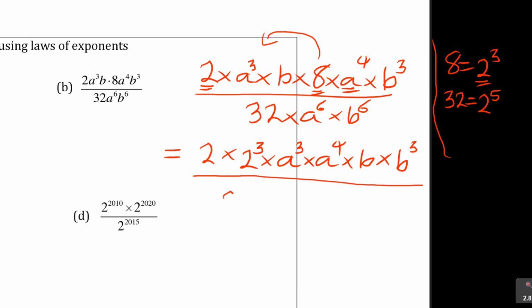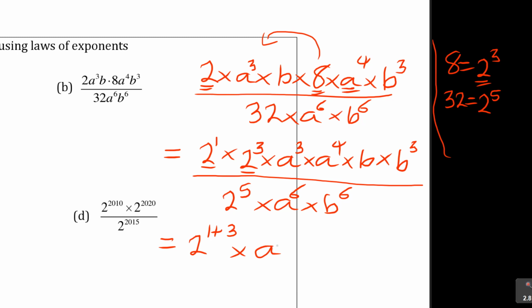32, we say it is 2 to the power of 5 times a to the power of 6 times b to the power of 6. If we continue, now multiplication, what do you do? You add the top. So look at this, there is a hidden one there. So it's 2 to the power 1 plus 3, are you with me?